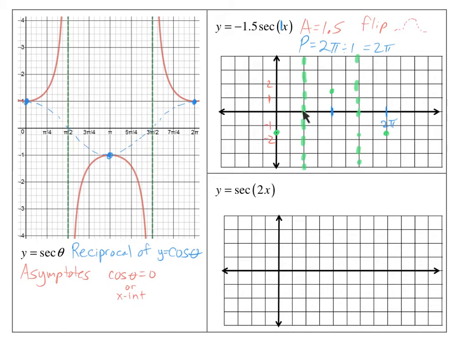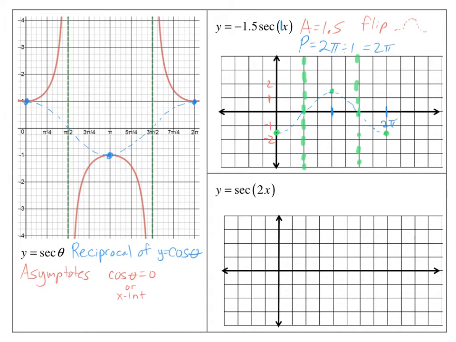So wherever it normally would have hit the x-axis are asymptotes. Let me sketch this. Here's my cosine graph. It'll help you. We sketch the cosine graph through all that. So there's my cosine graph. Where it hits the x-axis are my asymptotes.